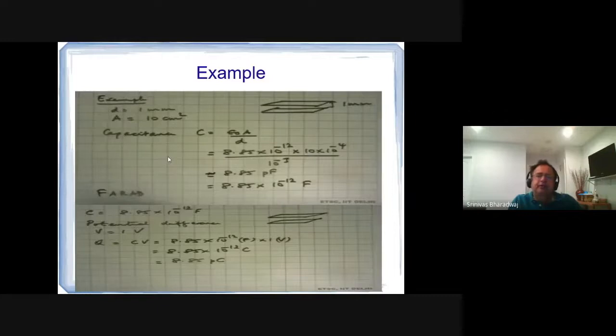So K epsilon naught A by D will become the new capacitance in the parallel plate capacitor. And so using that, you can change your equation to Q is equal to CK times V.